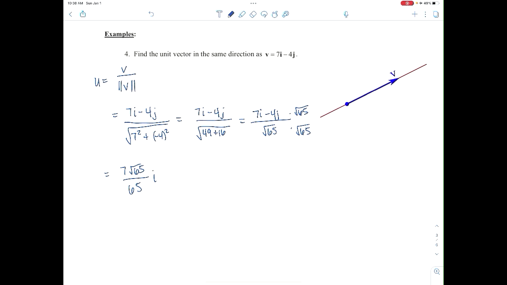This is for our i value, and then minus 4 root 65 over a 65 for our j value. So our unit vector in this direction of v is 7 root 65 over 65i minus 4 root 65 over 65j. This is just one unit in the same direction that v is going.